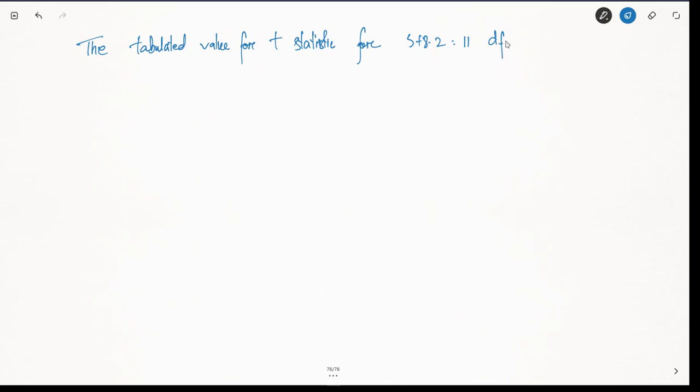Degrees of freedom, in short written as df, at 5% level of significance is, now what is the value?